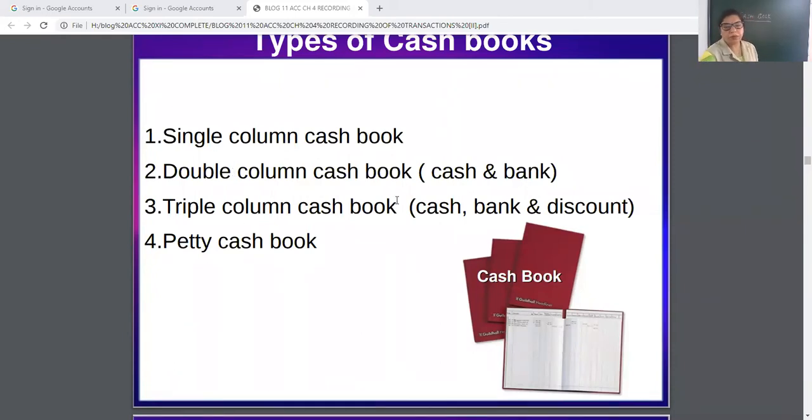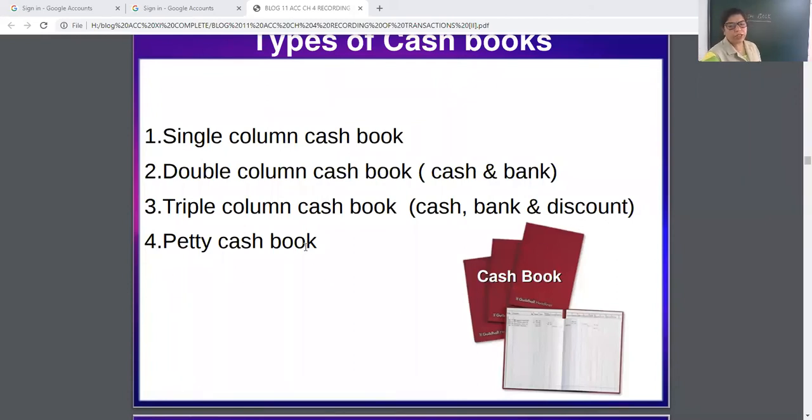Then triple column cash book. In triple column cash book, there will be three columns: one for cash, another for bank, and third for discount. This is three column, one column increased for discount. But that is not in your course for this year.